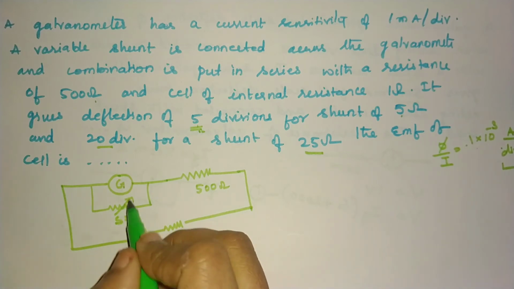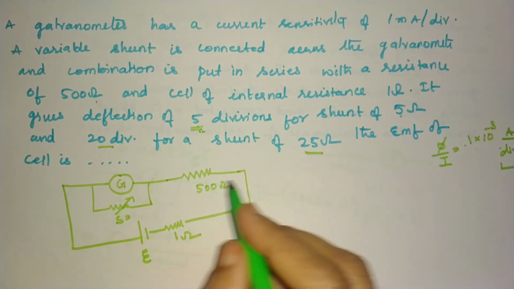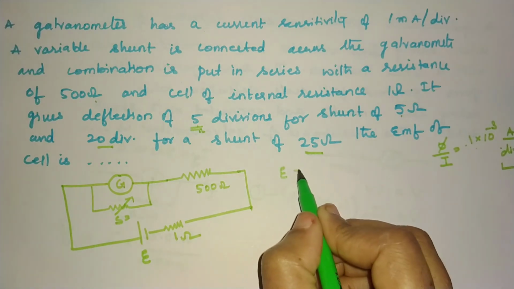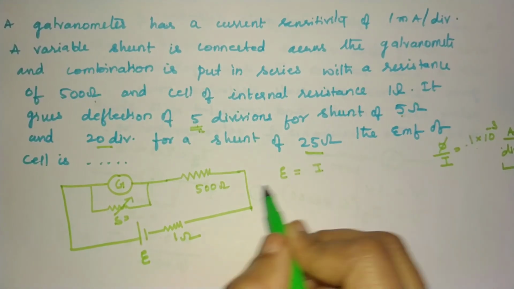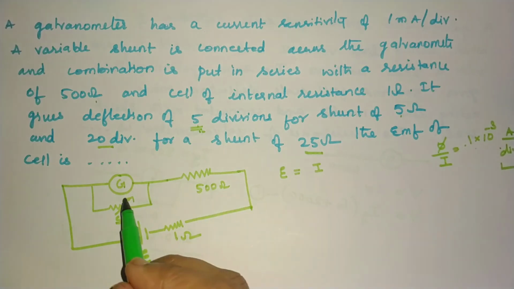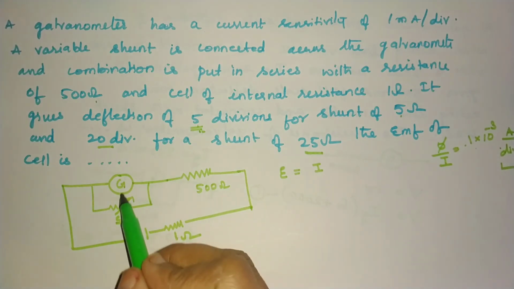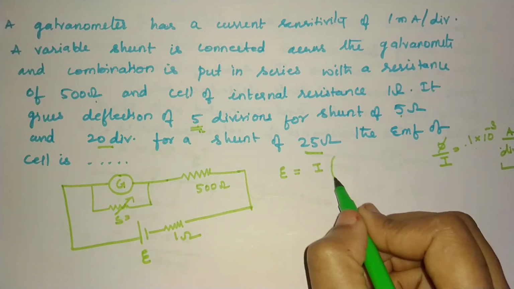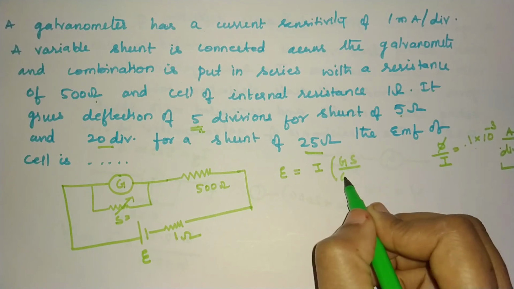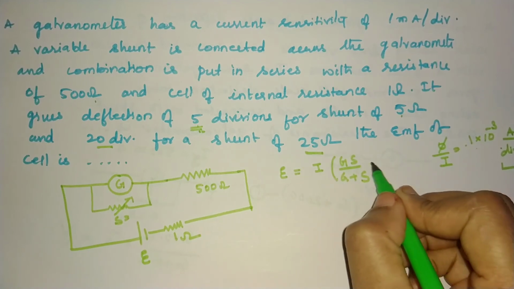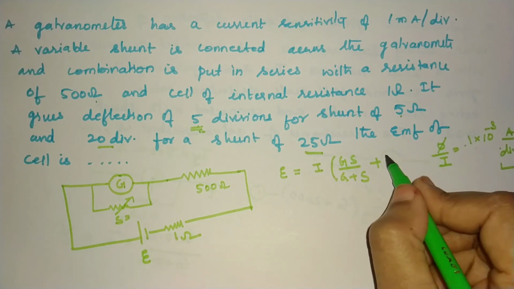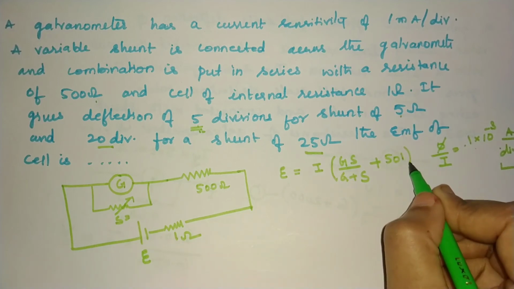First, let us find out what is the equivalent resistance of the combination. We know EMF is equal to total current into complete resistance. What is the total resistance of the circuit? G and S are in parallel combination. So G into S by G plus S plus 500 plus 1. I'll write it 501.